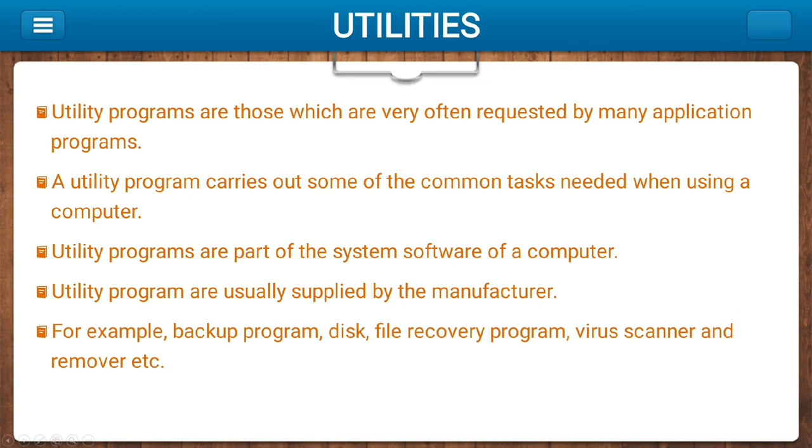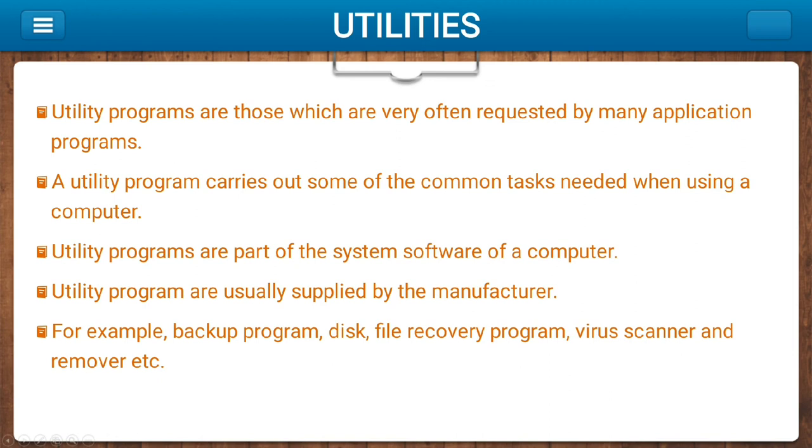Of course, you have different utility programs that you can install by yourself. Utility programs are usually supplied by the manufacturer. When you have the operating system, some of the utility programs are inbuilt in the system software itself.